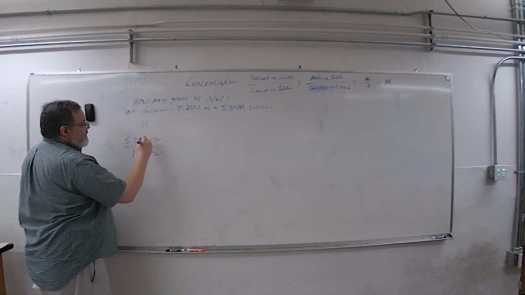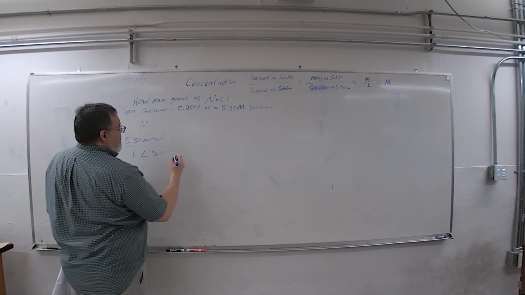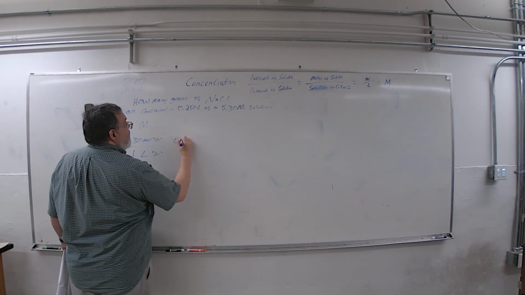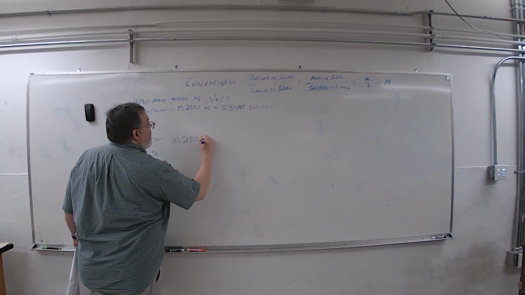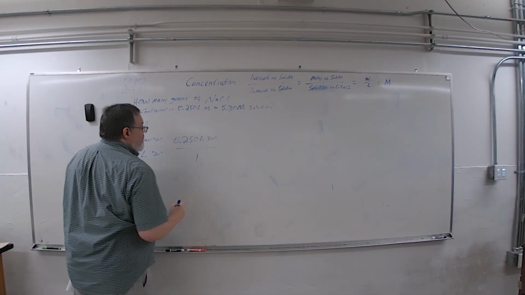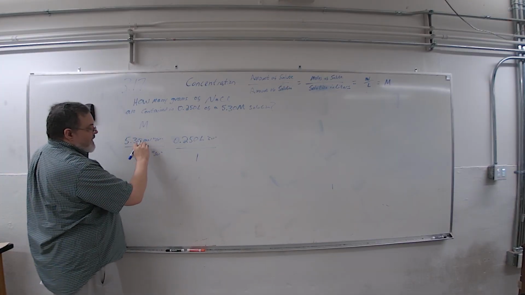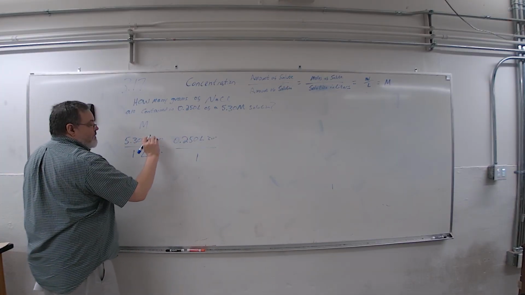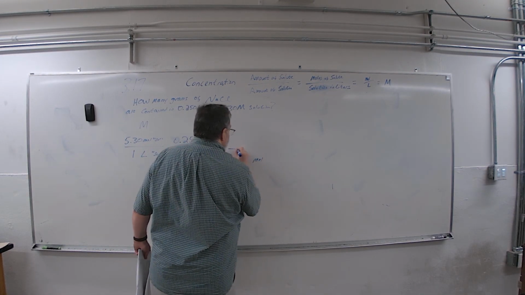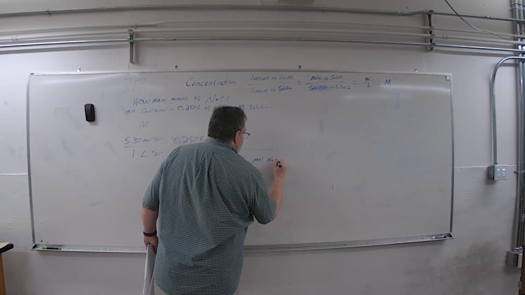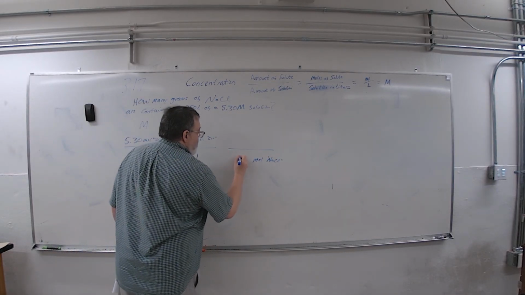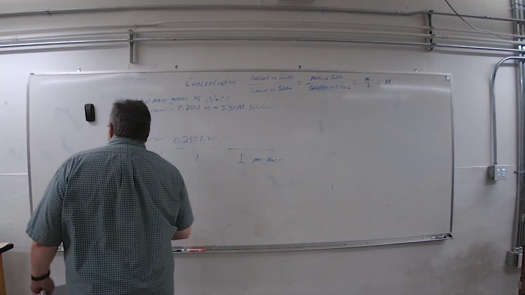That's M, flipped over. And now I'm going to put liters up here. Liters of solution over 1. Liters cancel, then we got moles. So liters cancel, we've got moles on top, moles on the bottom. 1 mole of NaCl.